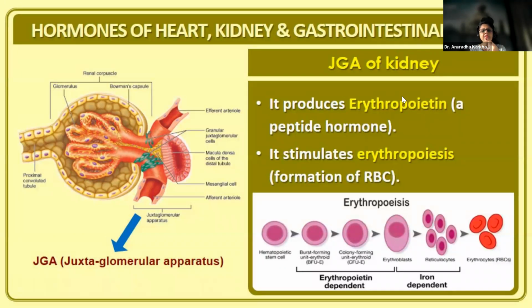Formation of RBCs is also going to be taken care of by erythropoietin, which is the hormone produced by the juxtaglomerular apparatus of the kidney. Okay, got it? Same diagram we have seen earlier as well in this excretion chapter.